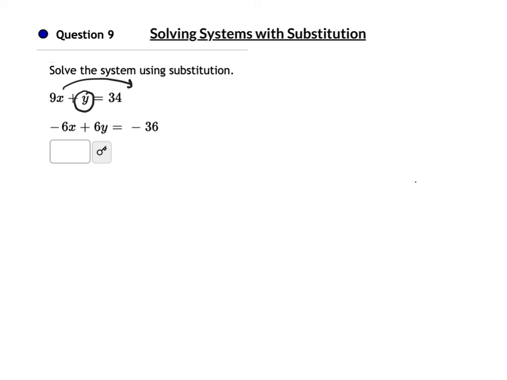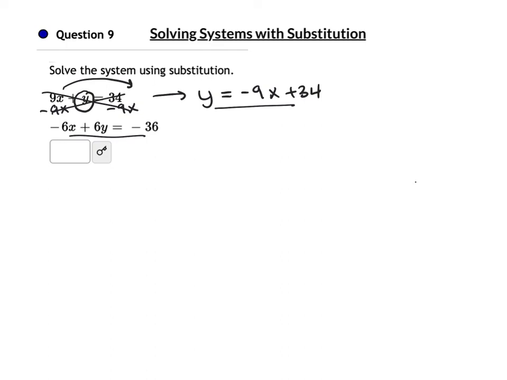So pick the variable without a coefficient. It's much easier to solve for. Let's move that 9x. We'll subtract 9x from both sides, and this equation becomes y equals -9x plus 34. Can't combine the 9x and the 34. Now we're not going to use that one. We're going to use this one and this one to solve the system.